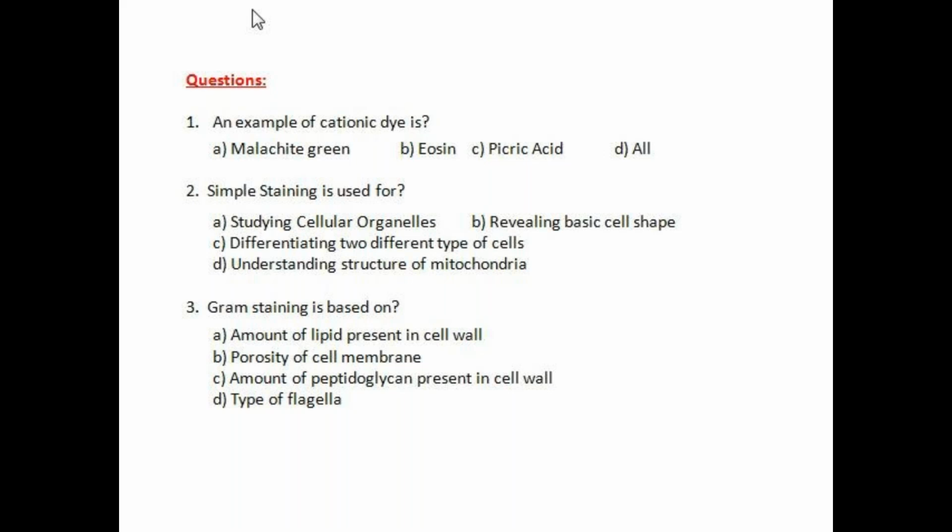Okay. Next, the third one. Gram staining is mainly based on which? Option A, option B, option C, D. Which one is correct?